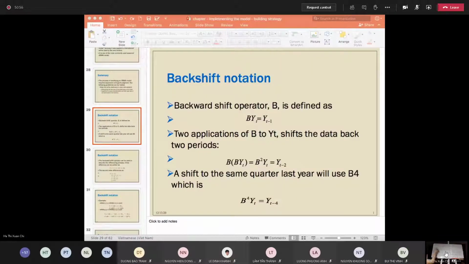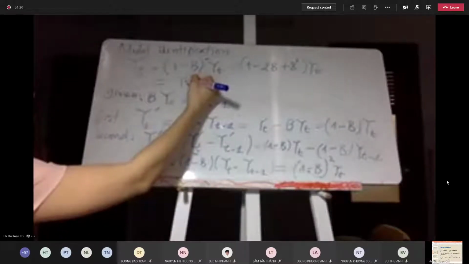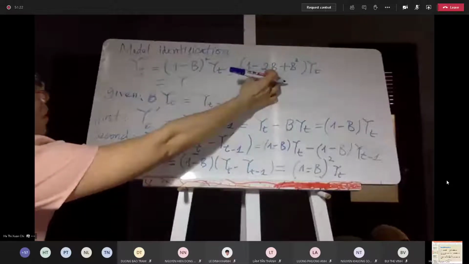So if you look at this, you can see the way we can find the second one. We can write it like that, the second difference, because that is the general formula.